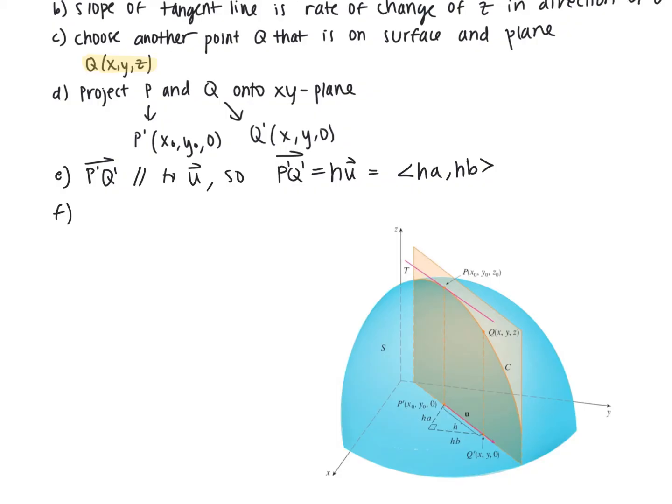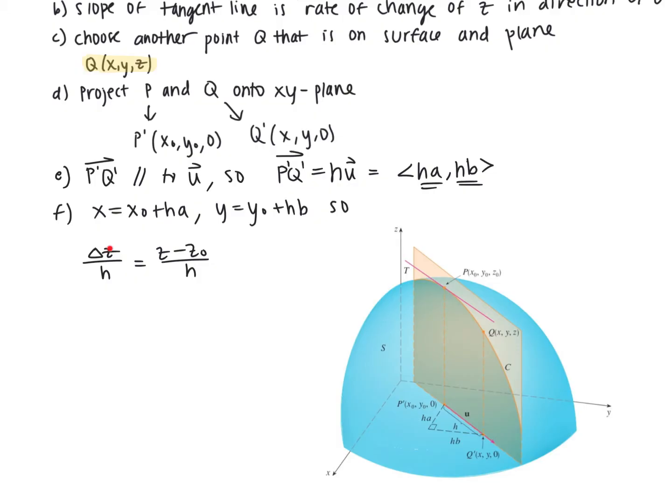So where that leads us then is if we take this vector that we have written, x can now be written as x naught plus ha, and y can be written as y naught plus hb. So what that gives us then is the change in z over h, which is z minus z naught over h.